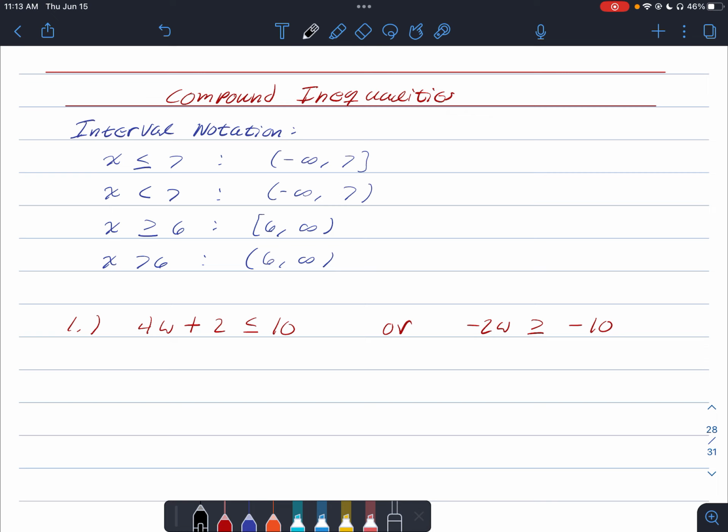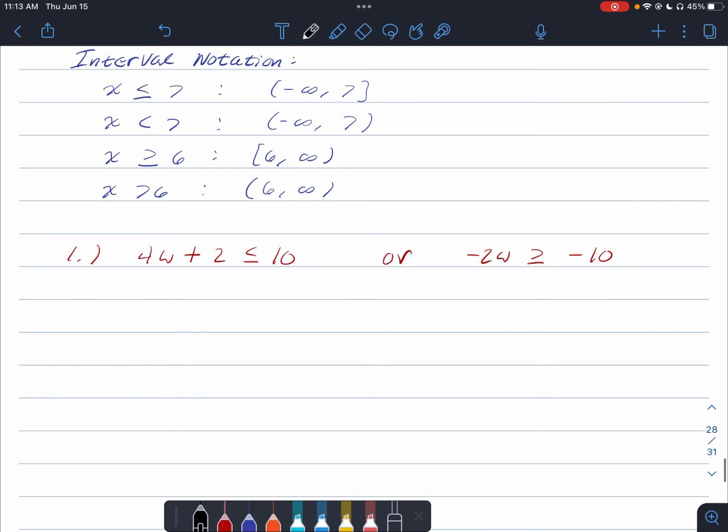And then whether or not you use a bracket or a parentheses next to the number has to do with this sign here. If it's less than or equal to, you're going to use a bracket, okay? And if it's strictly less than, like here, you're going to use a parentheses, all right? And then the same goes in the other direction as well. If x is greater than or equal to 6, you're going to use a bracket, and if x is strictly greater than 6, you'll use a parentheses, okay?